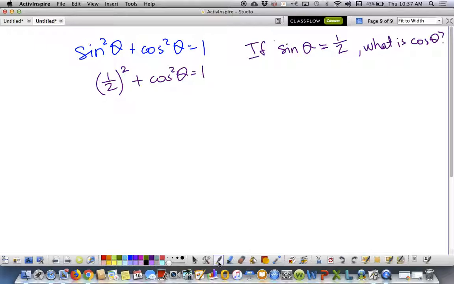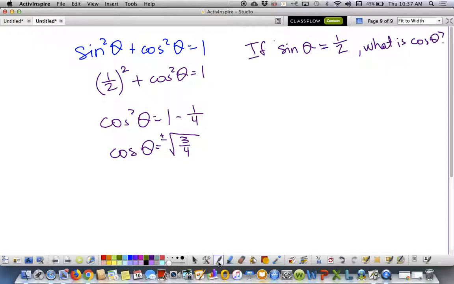And that's just it. I plug it in and then I say cosine squared theta equals 1 minus 1/4. We all know 1/2 squared is 1/4. Then I also, because you're juniors and you're smart enough, I skip some steps. So I'm going to go ahead and say cosine theta is the square root of 3/4. So I took the square root, subtracted, and took the square root at the same time.